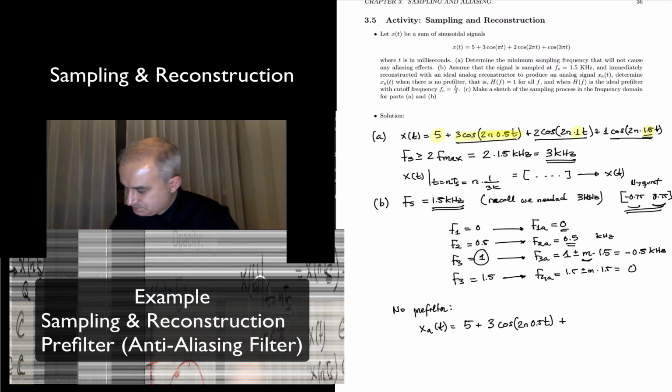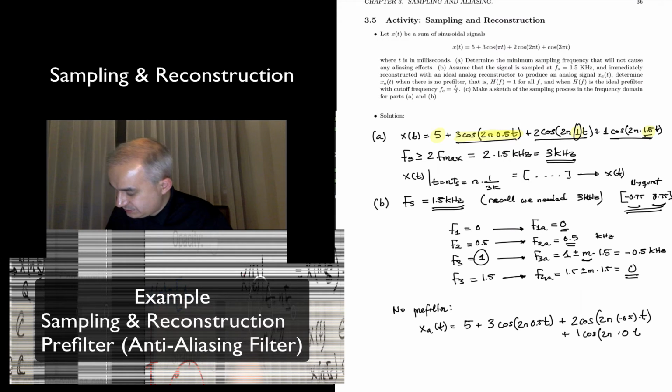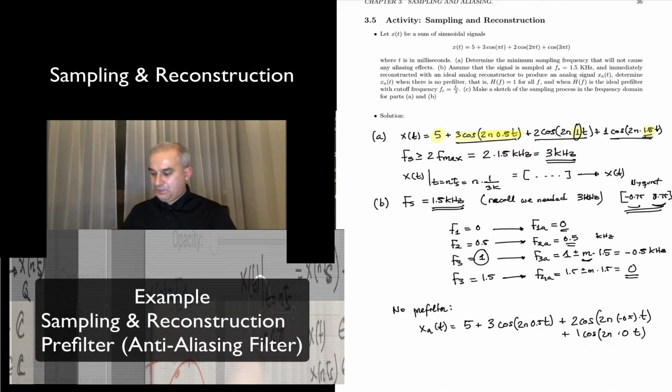Let's check it out. 2 times cosine of 2 pi, now, instead of being 1 kilohertz, is going to be this minus 0.5 times t, plus the last one is going to be 1 cosine of 2 pi, instead of being 1.5 kilohertz, is going to be times 0 kilohertz. And so let's work this out.